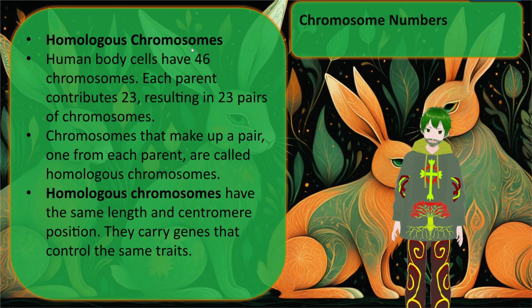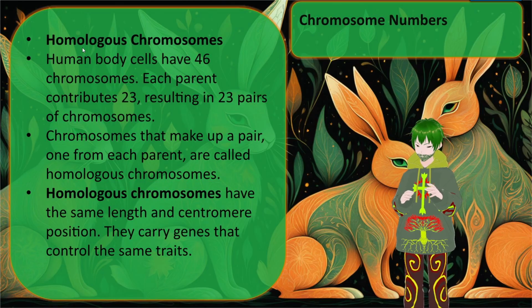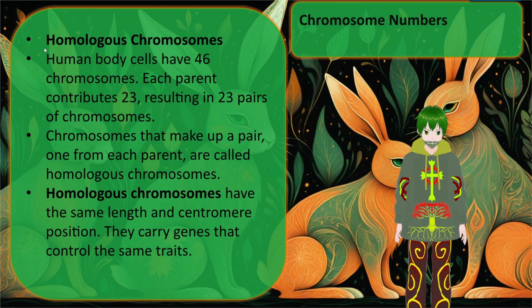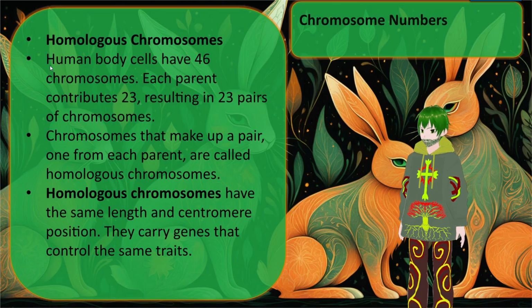So prior to meiosis, your cell duplicates its DNA, just like it does for the normal cell cycle, and it creates what are called homologous chromosomes. And these are pairs of chromosomes. You have 23 chromosomes from one parent and 23 from the other, and you have pairs, so you have 46 total, okay?